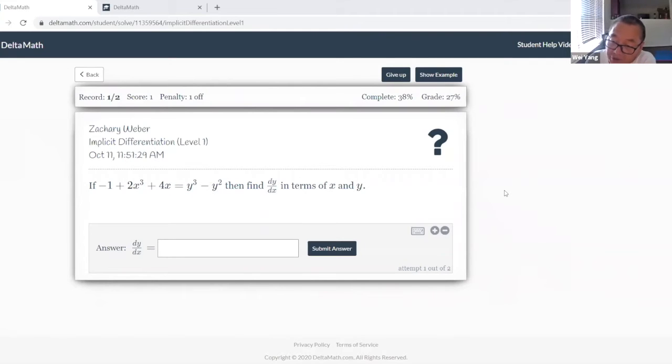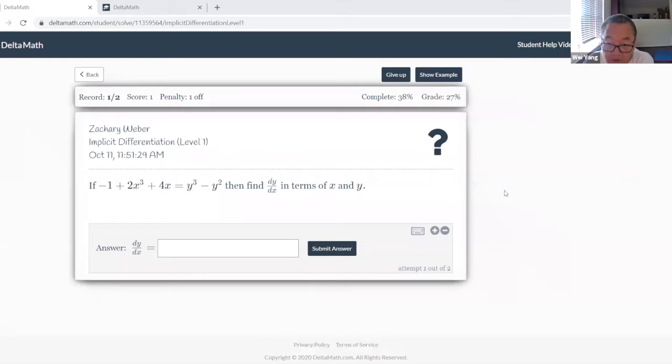To calculate dy over dx, you need to take the derivative of both sides. So you just do it this way. Now let me write here. Derivative of the left side about x: the constant's derivative is 0.